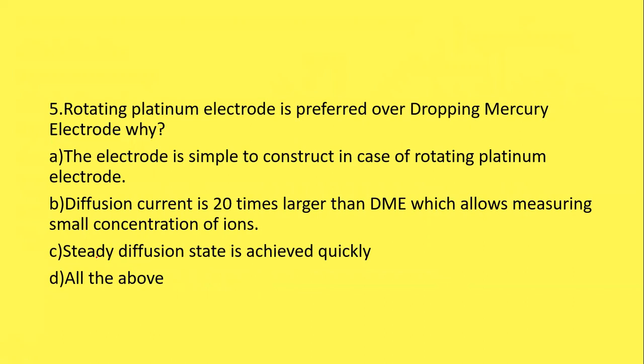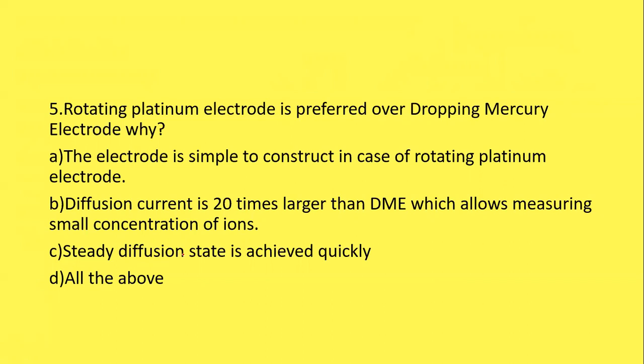We have seen indicator electrodes such as the rotating platinum electrode and the dropping mercury electrode. So here the question is asking: why is the rotating platinum electrode preferred over the DME, the dropping mercury electrode? Option A, simple to construct. Option B, diffusion current is 20 times larger than DME, which allows measuring small concentrations of ions.